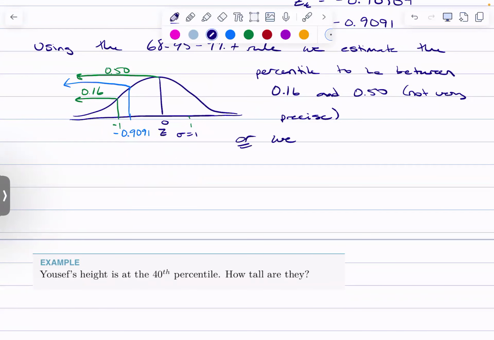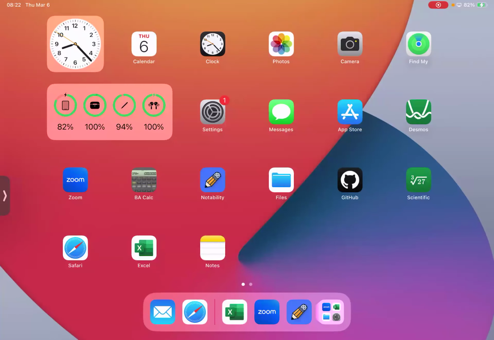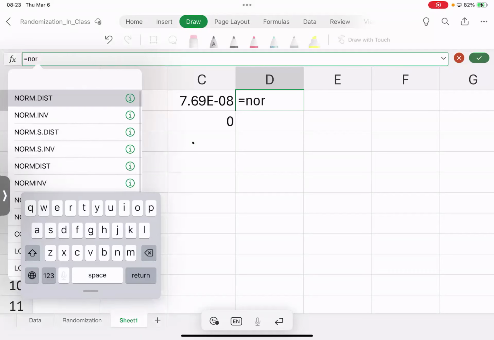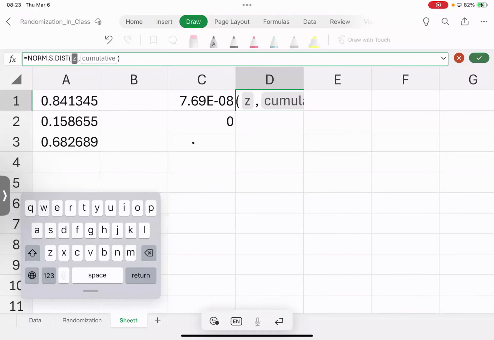Or we use software, which can include your calculator if you want. How about this? I'll do it in Excel. Norm.s.dist. The S means it's standardized.